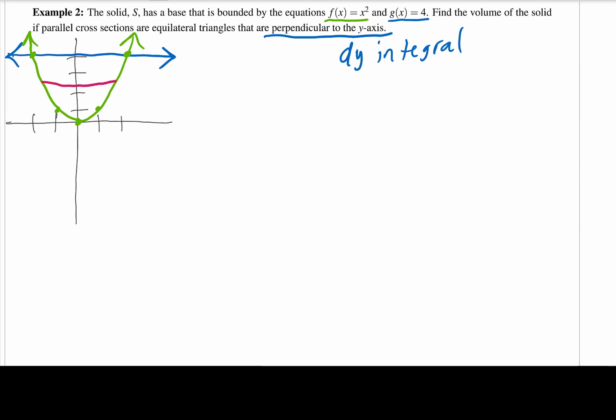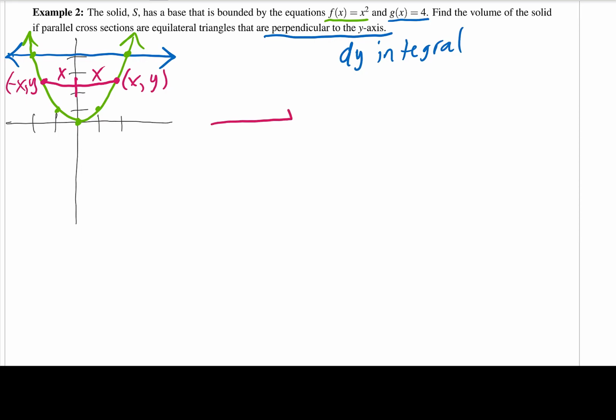If I take something in here, well, this point right here is going to be x comma y. This one should be negative x comma y. And so this has length x, this has length x, so the length of this entire segment is going to be 2x.